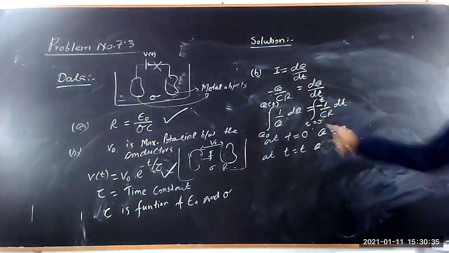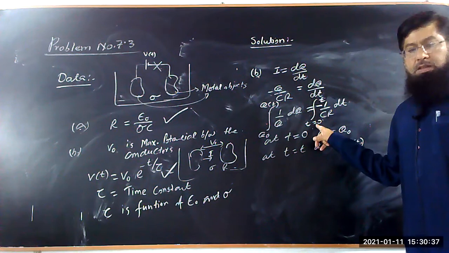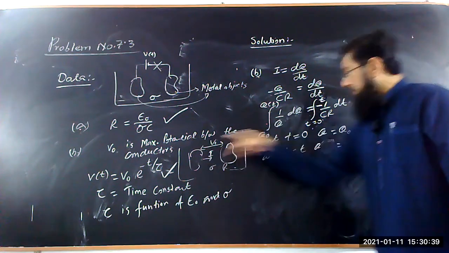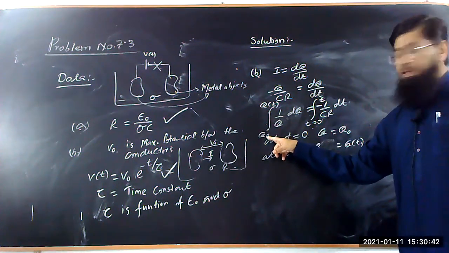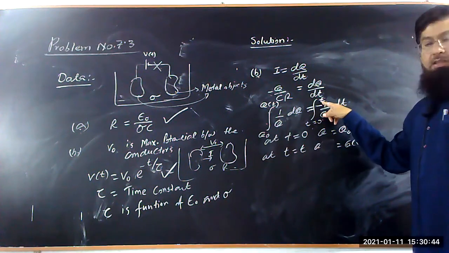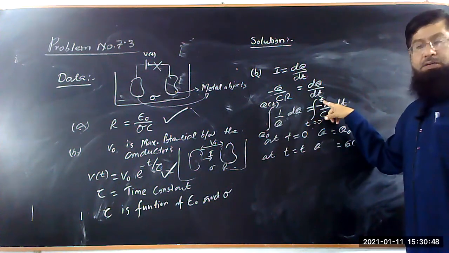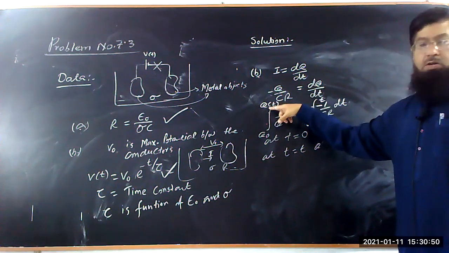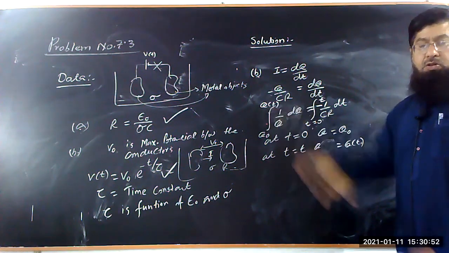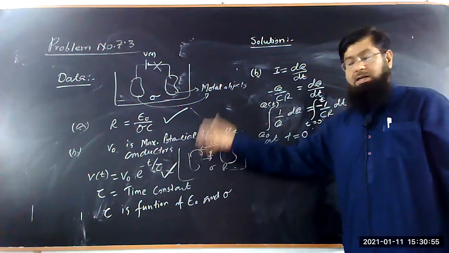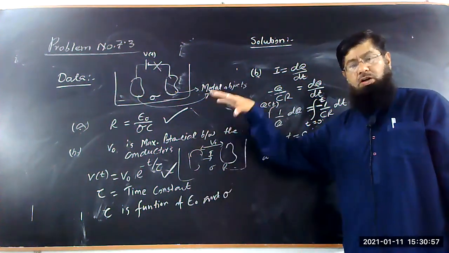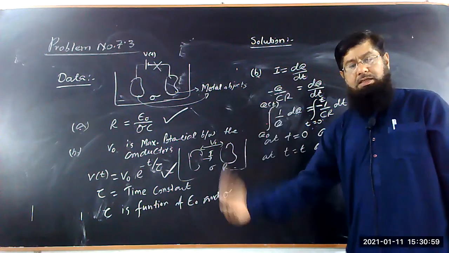It means at time t is equal to 0, the charge on the metal is equal to Q naught. At any time t, the charge will be Q of t. If this t is infinite, this will be equal to 0, because the whole of the charge on the metal is discharged.